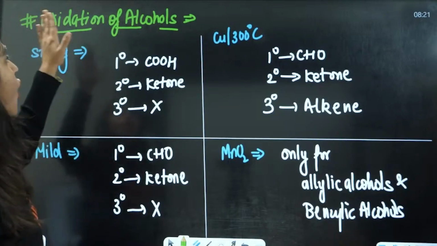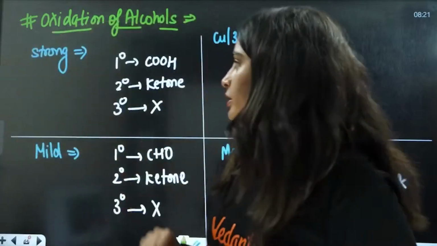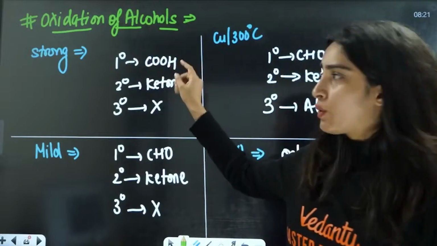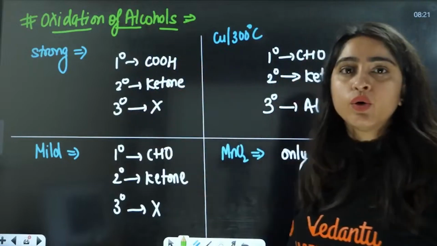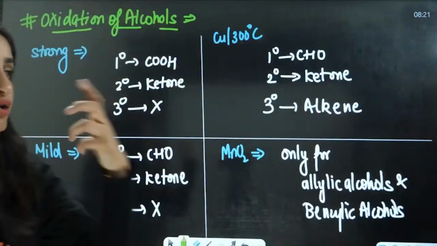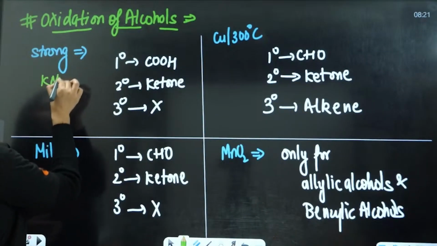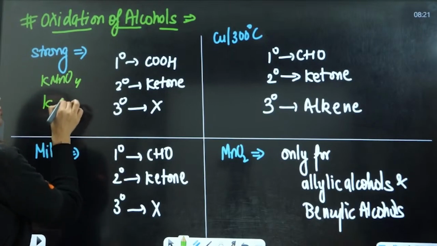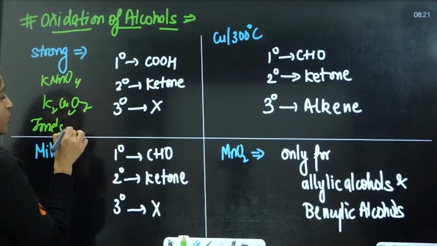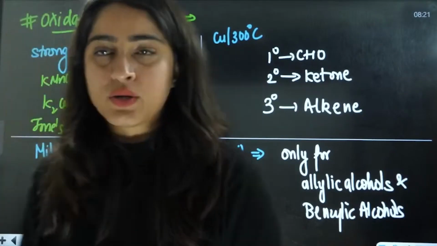Now, next is oxidation of alcohol. For strong oxidizing agents, 1 degree goes to COOH, 2 degree to ketone, and 3 degree gives no reaction. Strong oxidizing agents can be KMnO4, K2Cr2O7, or Jones reagent, that is CrO3 in presence of H2SO4.